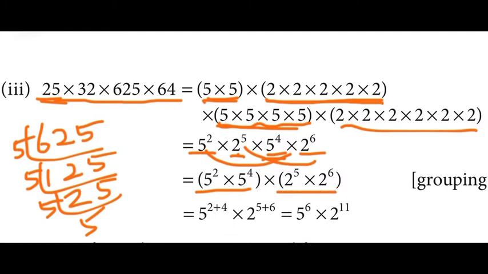Same base numbers we write together. The base is the same, so we can add the powers: 5 power 2 plus 4, and 2 power 5 plus 6. So 5 power 6 into 2 power 11.